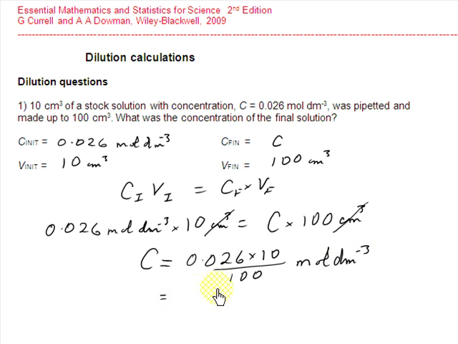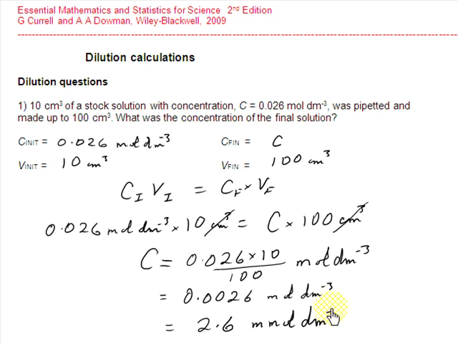And calculating that, this will give a value of 0.0026 moles per decimeter cubed, which, if we move the decimal point 3 places to the right, will be equal to 2.6 millimoles per decimeter cubed.